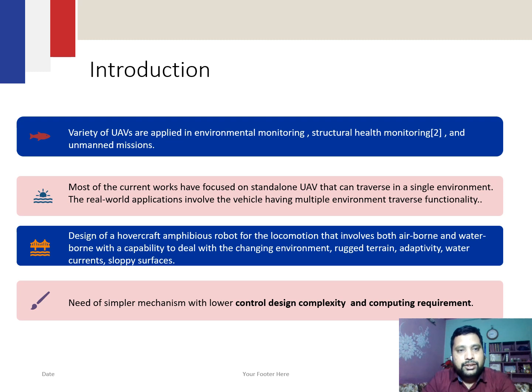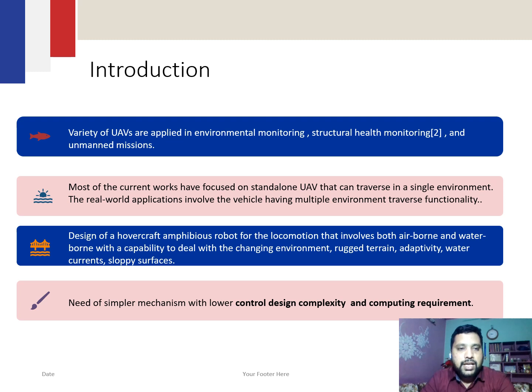But the varieties of UAVs are standalone, meant for a single environment, so UAVs can maneuver only in the air environment. So we identified that most of the current works are focused on standalone UAVs that are able to traverse or maneuver in a single environment.